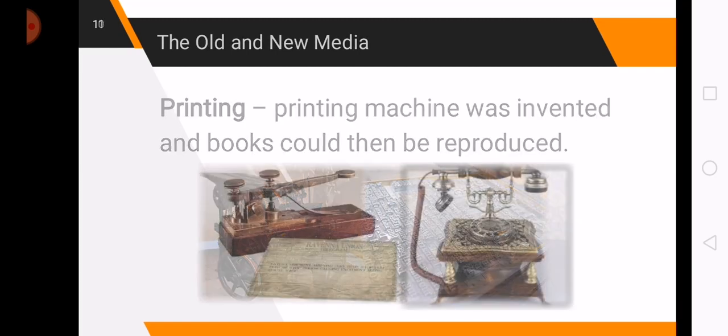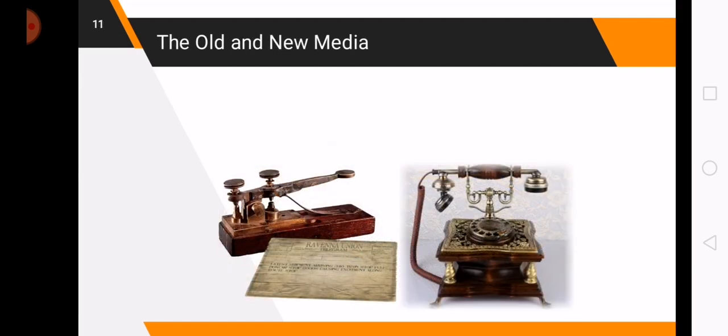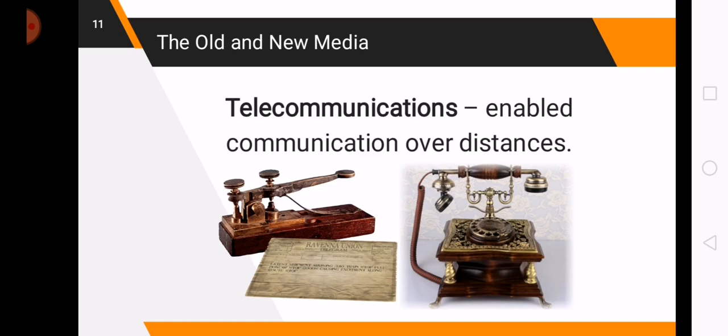And then the third era has something to do with the pictures, the telegraph and the telephone. So this is the telecommunications era, wherein the telegraph and the telephone helped in distance communication.